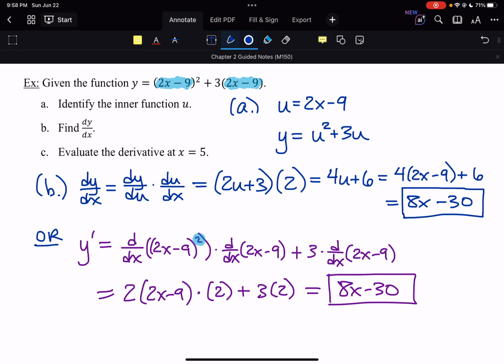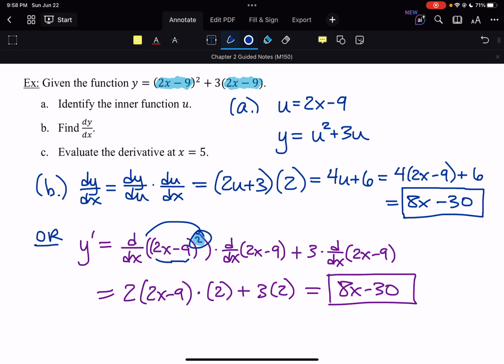So the chain rule definitely takes practice. We're going to do some more examples in just a minute, but it definitely takes work and some getting used to because we are applying derivative formulas still, but we're applying them to multiple functions.